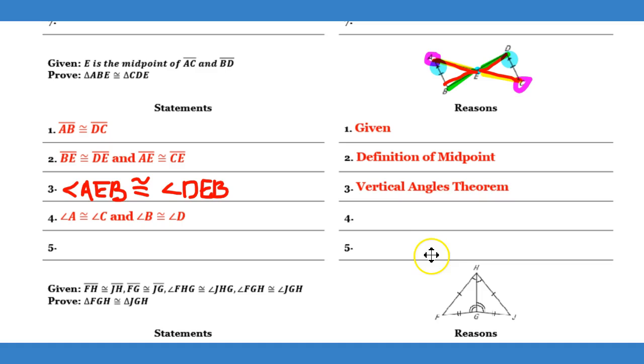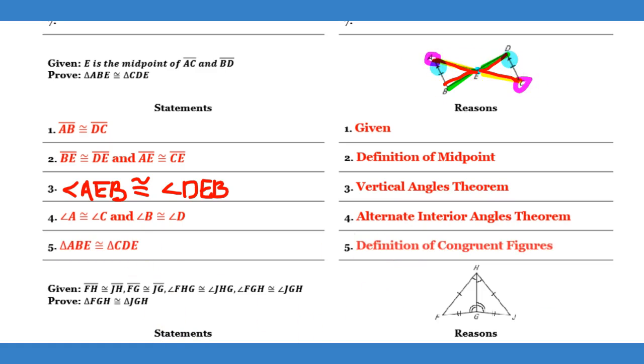And the same thing is true of B and D. So that's alternate interior angles theorem. And now I know that all of my corresponding angles and all of my corresponding sides are congruent, so that's my definition of congruent figures. Those two triangles must be congruent.